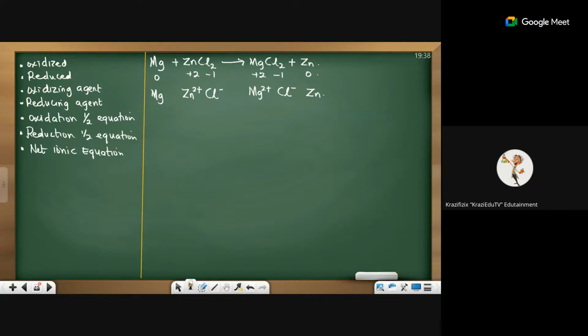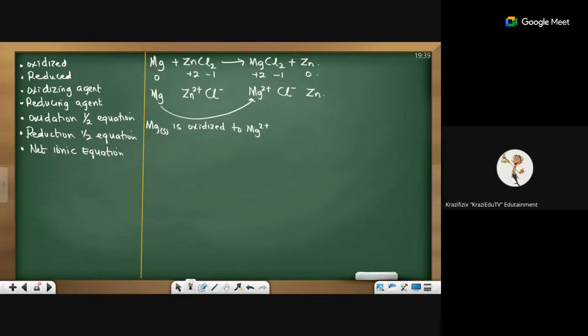+2, it became zinc 2 plus. It was -1, it became Cl minus. +2 under Mg, it became Mg2 plus. Like that. Now, what can we say? This Mg, which is a solid, is oxidized to Mg2 plus.